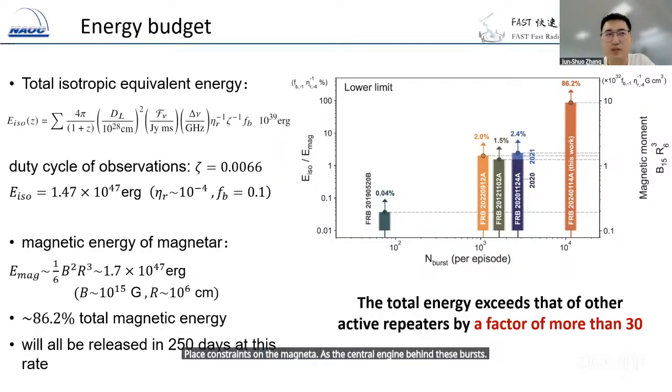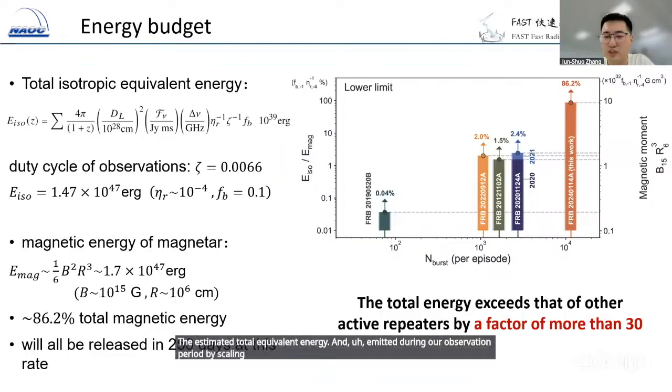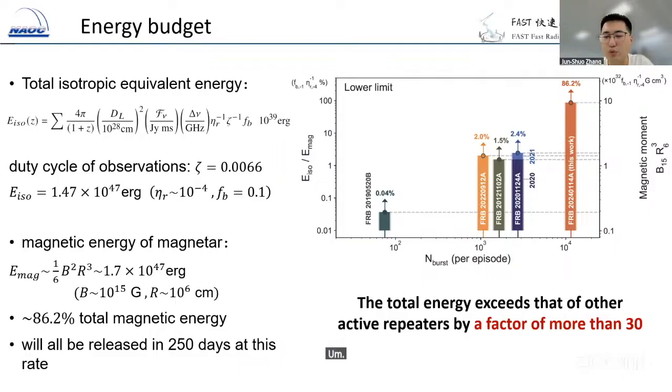We estimated the total energy emitted during our observation period by scaling it according to the duty cycle of our observations. Assuming a typical radio efficiency of about 10^-4, and taking a global beaming factor of 0.1 into consideration, we found that the total emitted energy is about 1.47 times 10^47 erg.